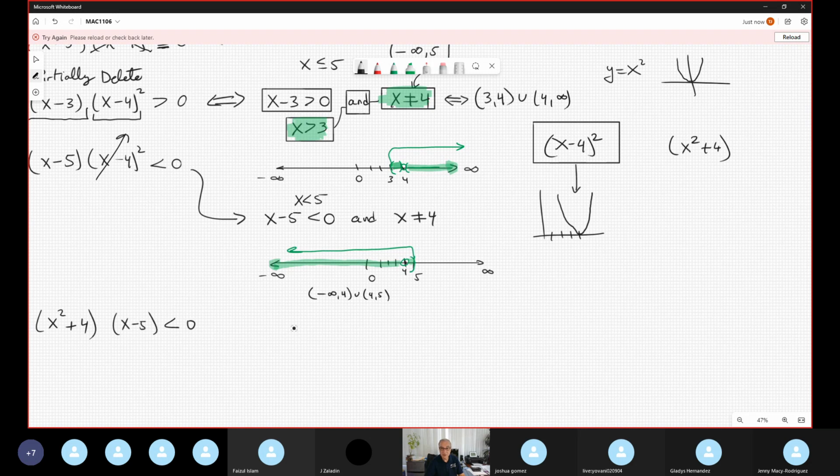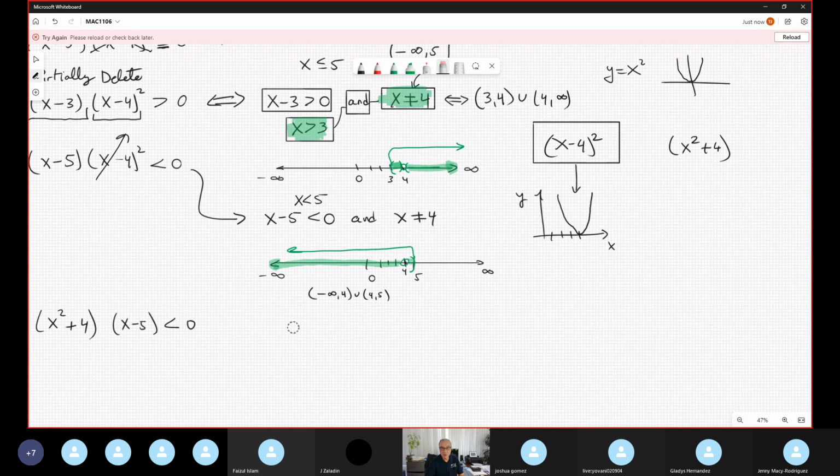This is the x-axis, this is the y-axis. This parabola is always positive and 0, including 0. That is the reason that if our inequality contains greater than or equal, it's obviously a complete delete. Because remember, in the inequality, the important information we need is the sign. I don't care about the value, I care about the sign.